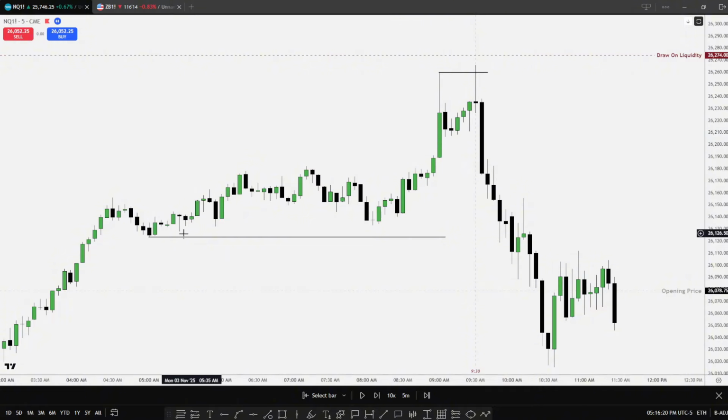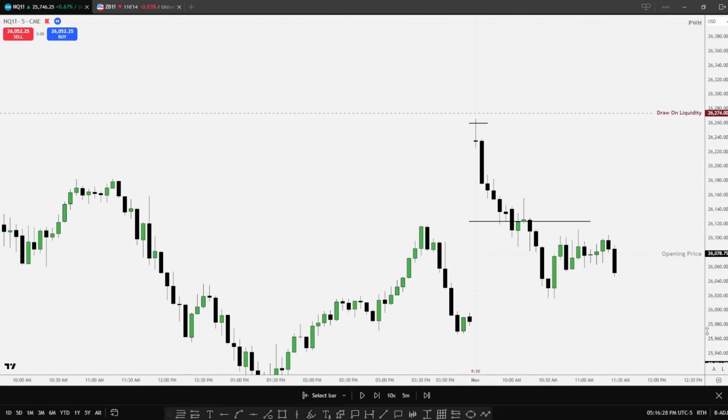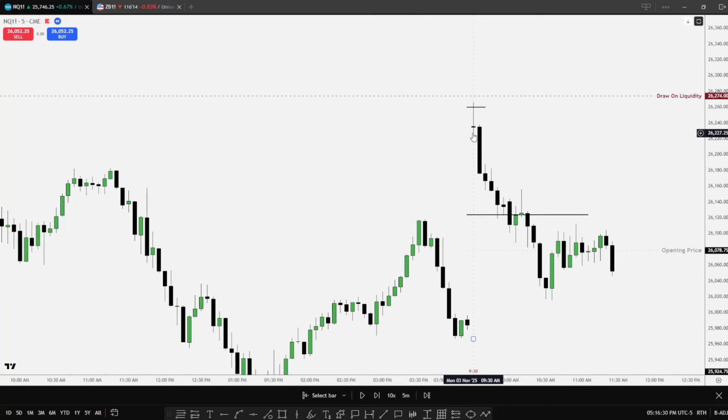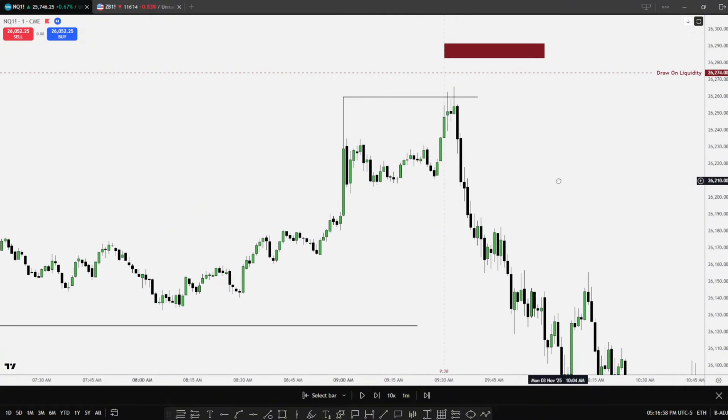Another confluence on why price would go to the downside is if you have an opening range gap down there. Those usually get filled, especially to the 50%. So you can already expect this liquidity pool to be engaged.